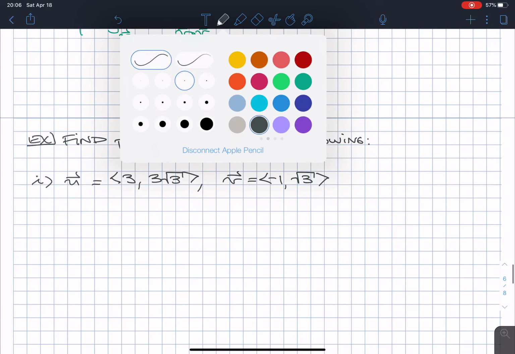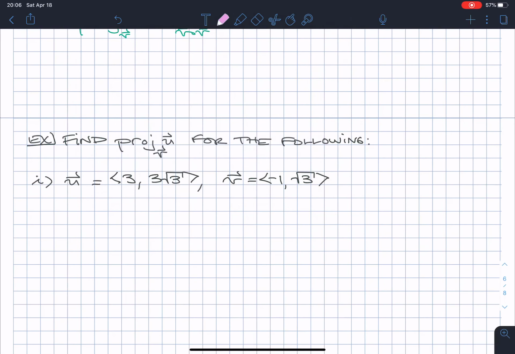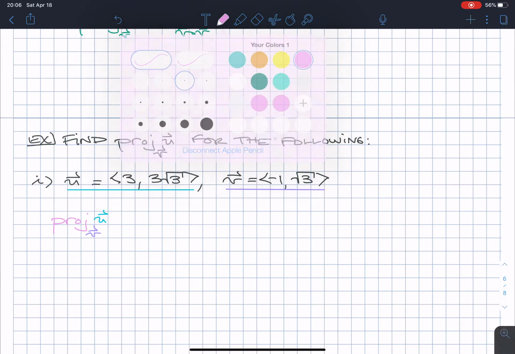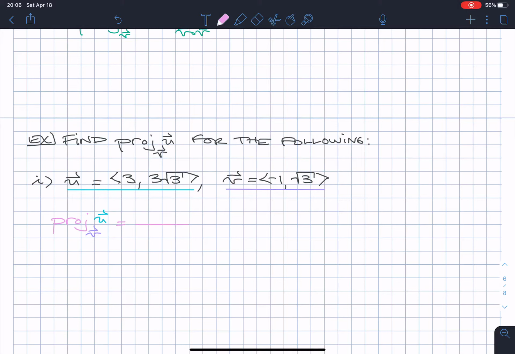Okay, so according to the above, I have that the projection of vector u onto vector v is going to be u dot v over v dot v, or the magnitude squared.